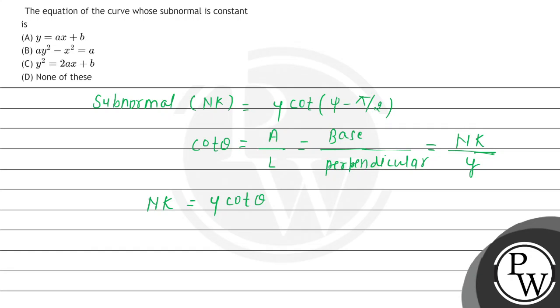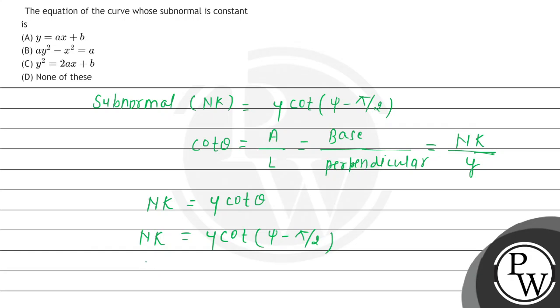And we know the value of theta was psi minus pi by 2, so we put this value: y cot of psi minus pi by 2. We'll now solve this further. The value of NK is given, suppose we consider it as a.